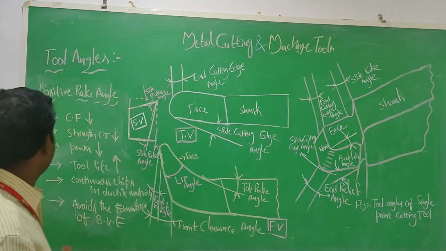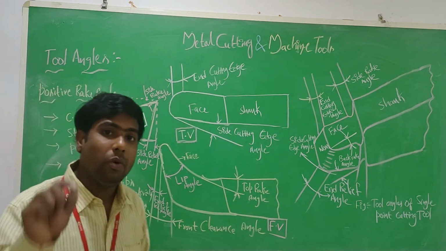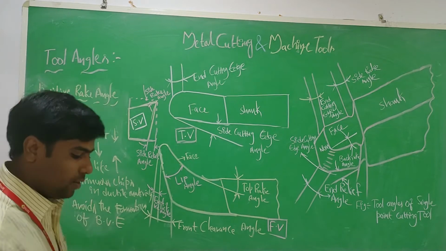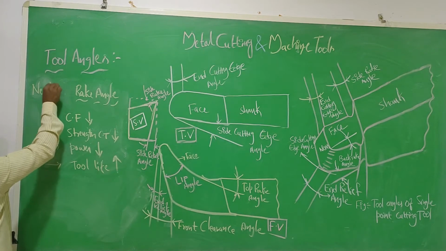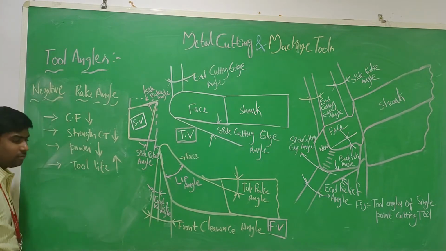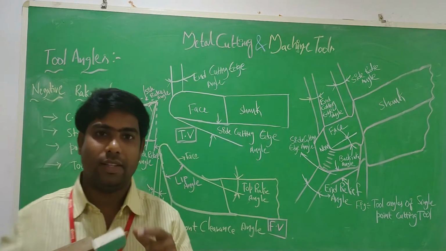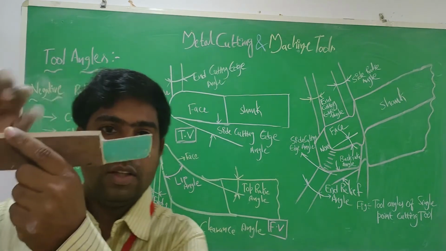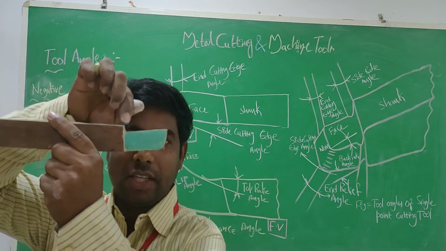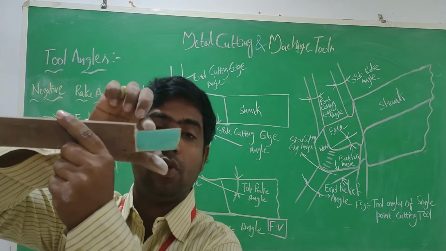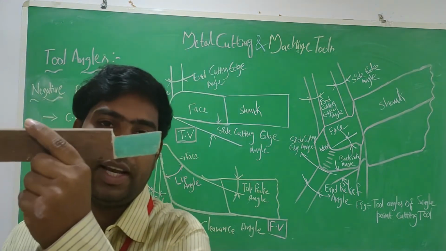After positive rake angles we will discuss what is negative rake angle. Let's see what are negative rake angles. Negative rake angle: the face of the cutting tool slopes upwards towards the shank, that is called negative rake angle.